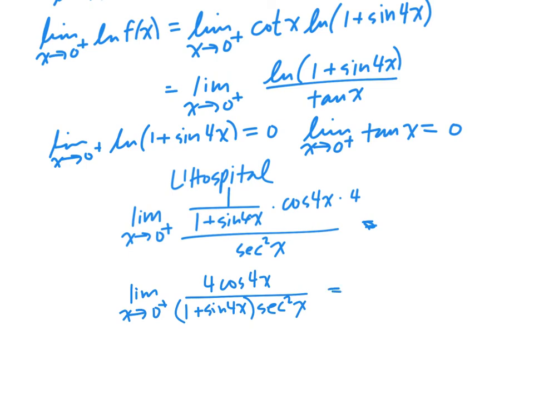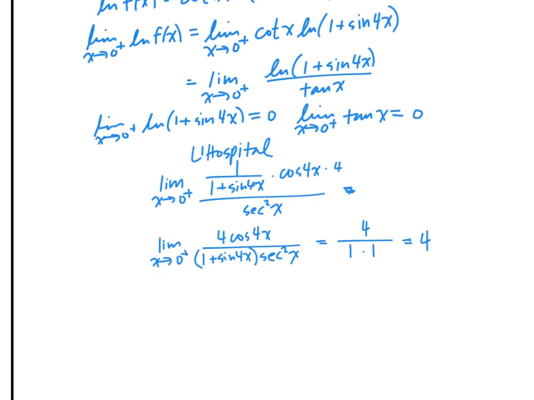Cosine 4 times 0 is 1, so that's 4. In the denominator, 1 plus sine times sine 0 is 1. Secant square of 0, that's 1 over cosine square of 0. Cosine of 0 is 1, so that's just 1. So that is 4.